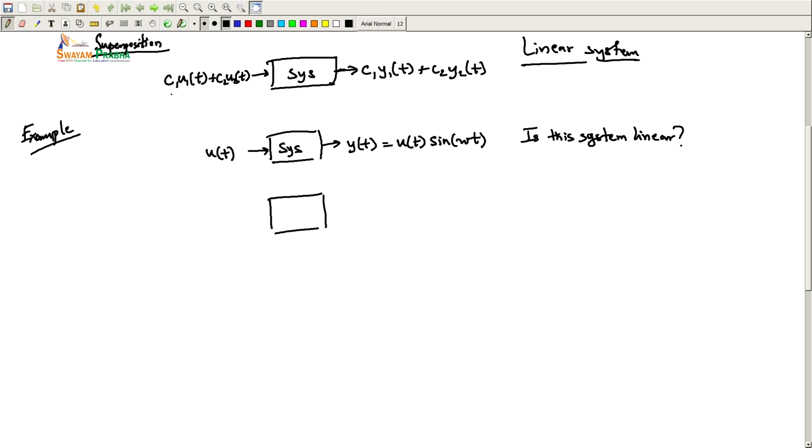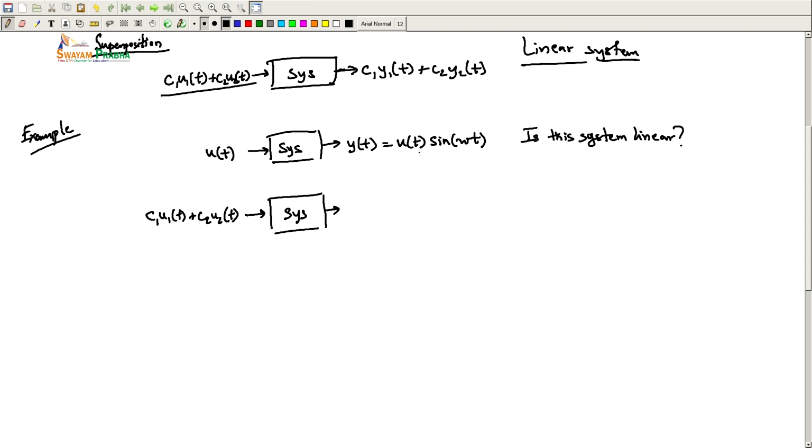is we will apply this kind of an input, C1 u1 plus C2 u2, to the system, and we will try to understand what the output is.